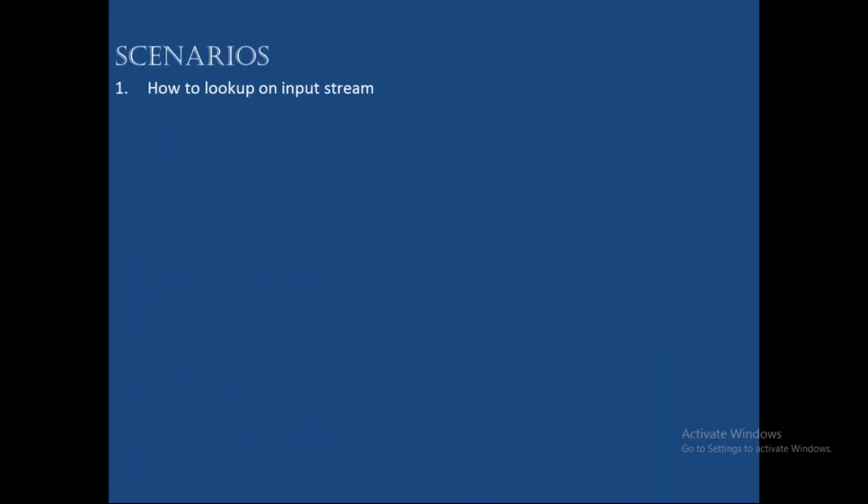Let's see the scenarios that we are going to look into today. So how to look up an input stream. You want to look up onto the input stream to find out some information. Let's say in today's lab, I am going to consider cricket players, whoever has placed orders. Complete cricket players and their placed order information.